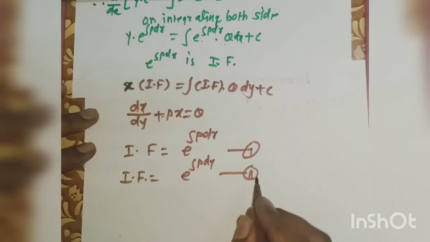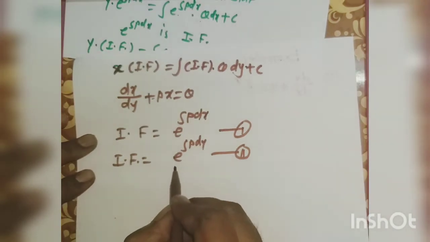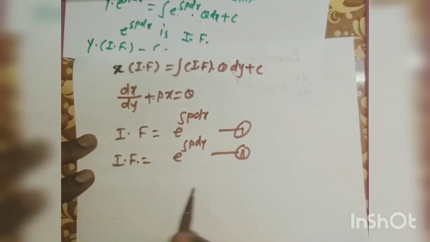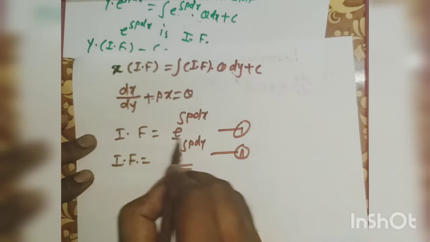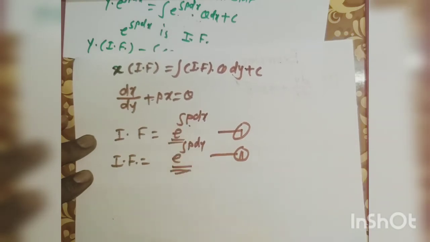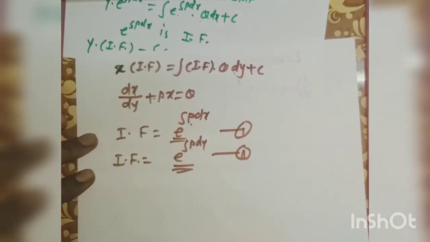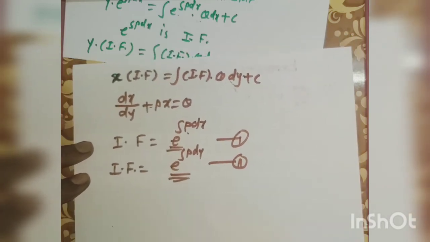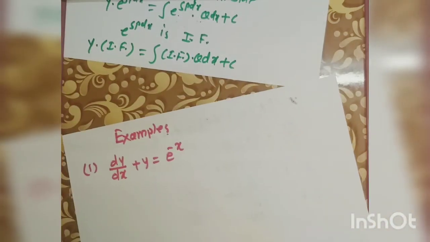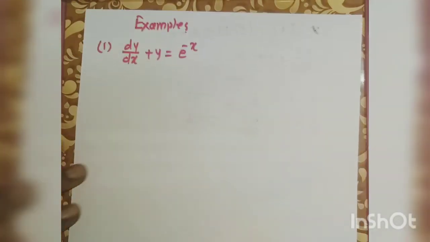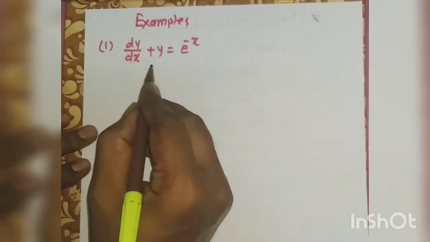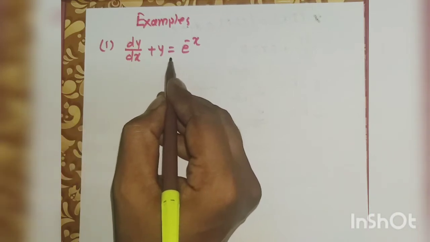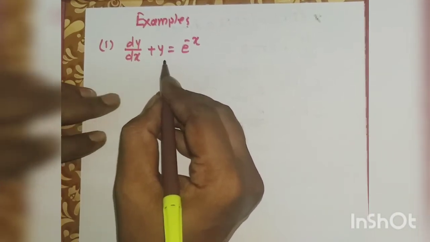In the JEE exam, the question is asked: what is the integrating factor of the given linear differential equation? We apply this formula first to find the integrating factor. Now we solve one example of how to solve the linear differential equation. We take one example, that is dy by dx plus y is equal to e raised to minus x.